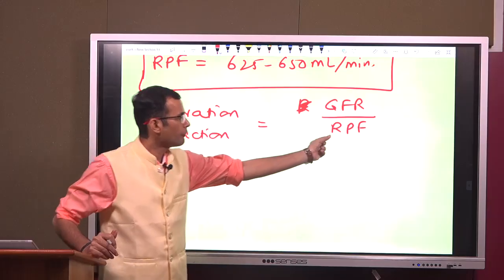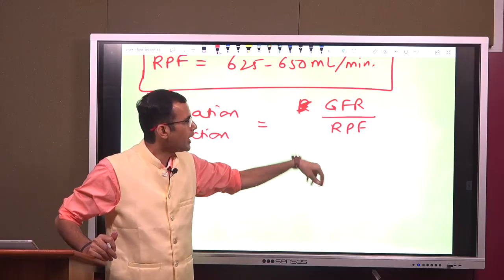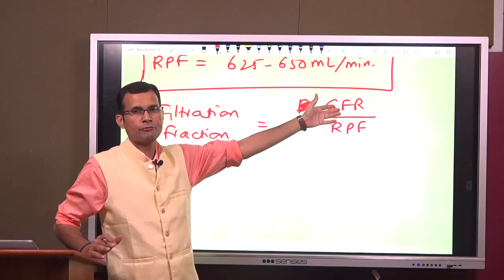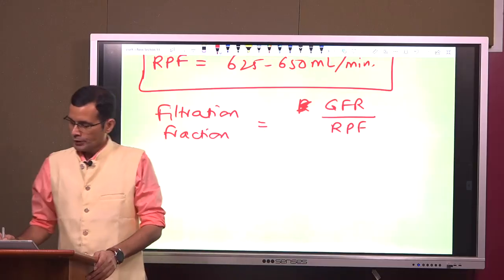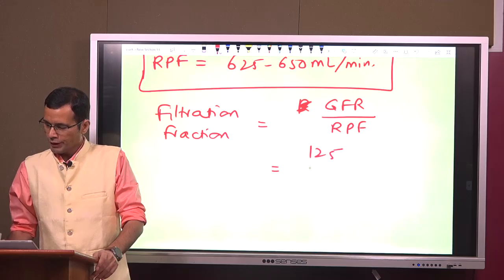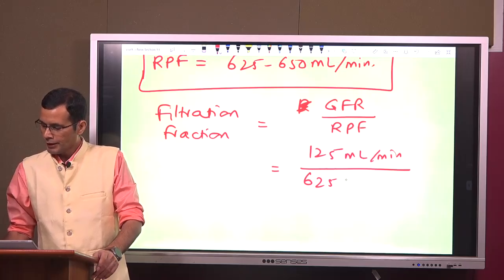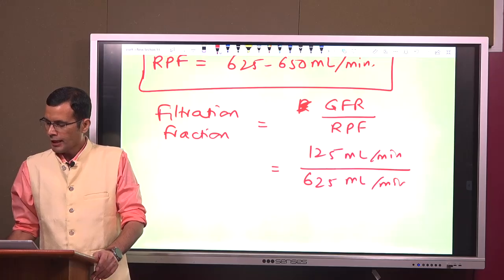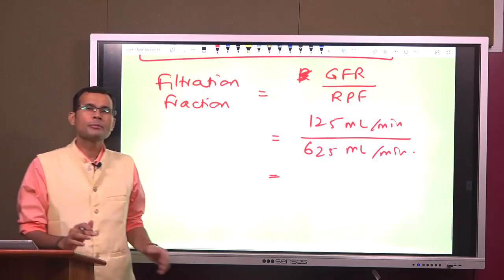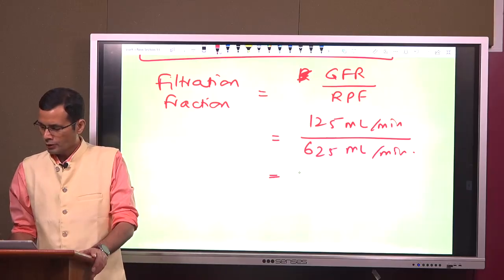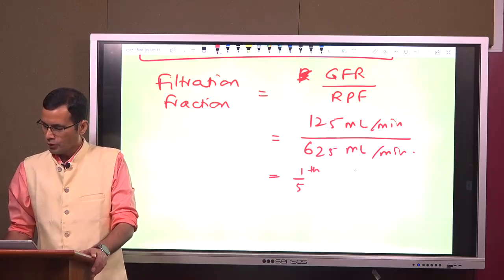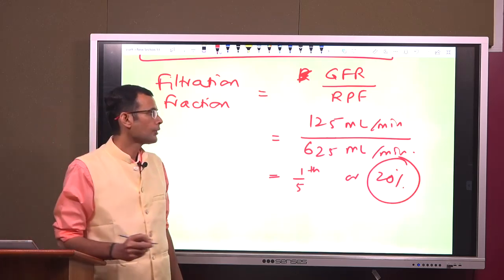This much plasma flows through the kidney every minute, and from that this much is the filtrate which is formed every minute. So 125 upon, let's say, 625 ml per minute, and that is roughly 1/5 or 20%.